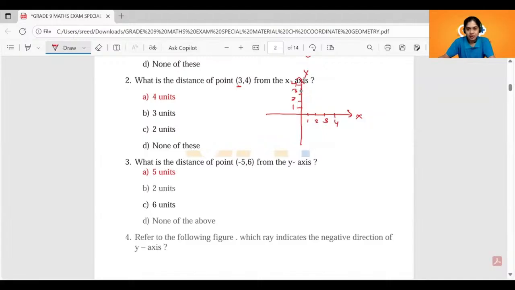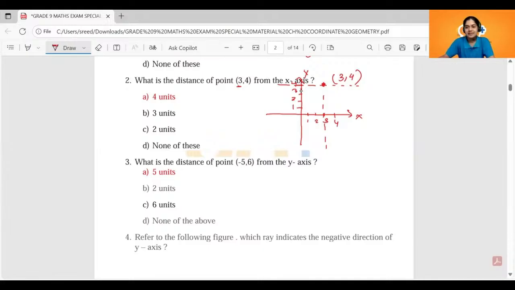So this is 3 on the x-axis. I'm drawing a perpendicular passing through point 3, and the y coordinate is 4, so I'm drawing a perpendicular at y equal to 4. This is our required point, which is 3, 4. What is the distance of point 3, 4 from the x-axis?